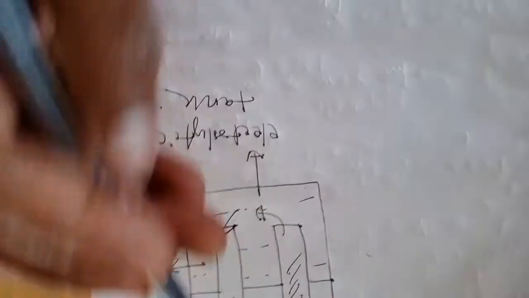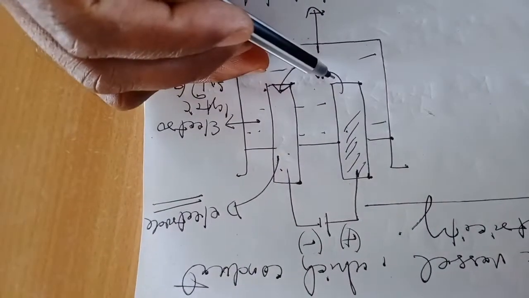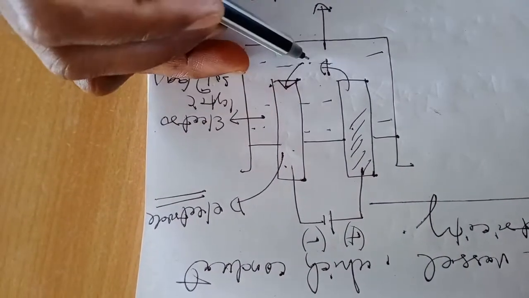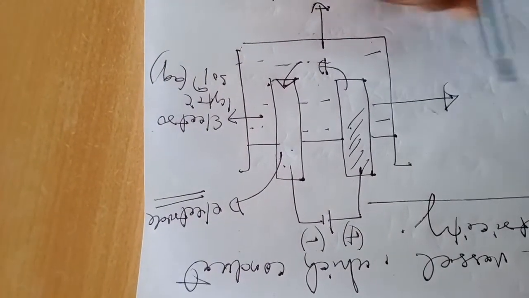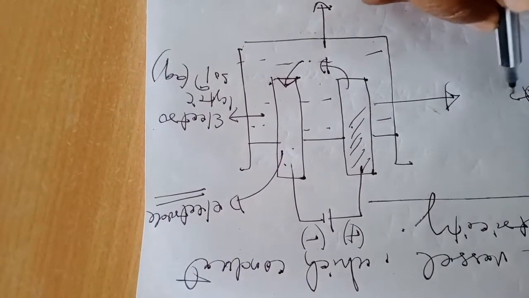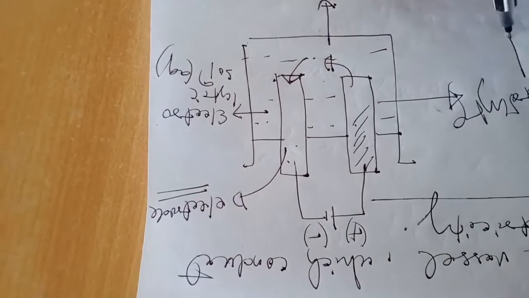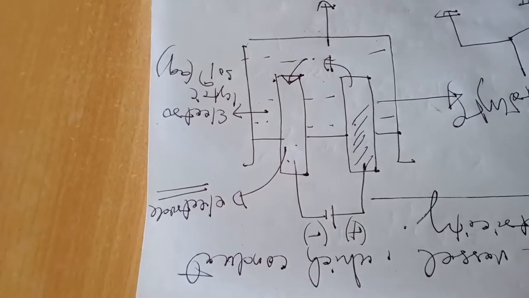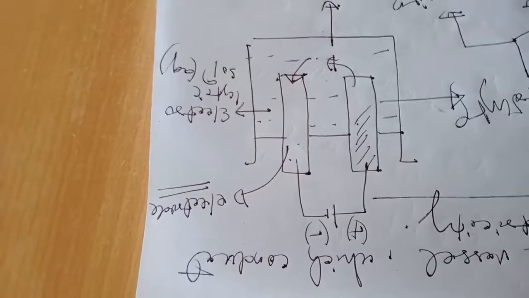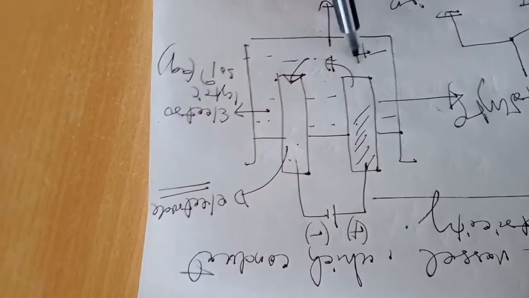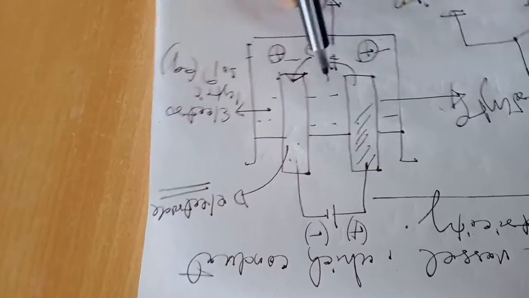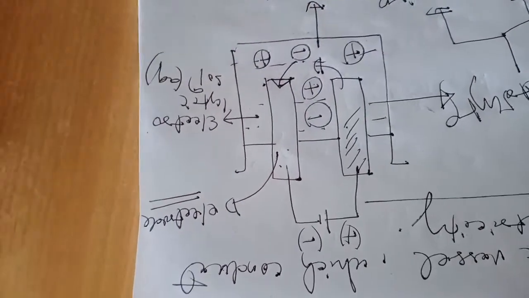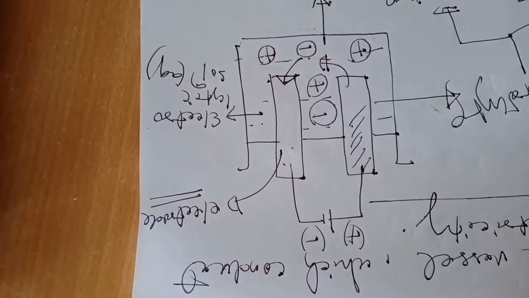So when electric current passes through the electrode into the electrolyte, the electrolyte dissociates into cation and anion. So cation and anion will be present in the solution after passing the electric current.